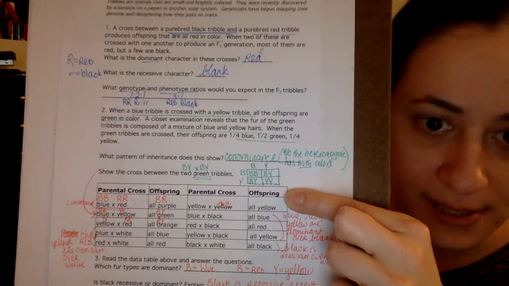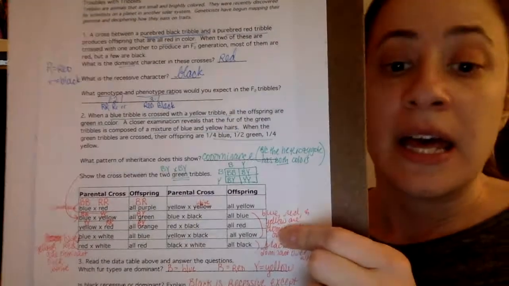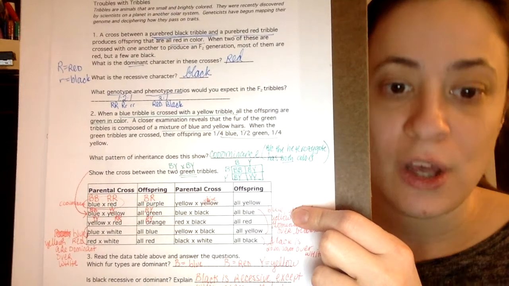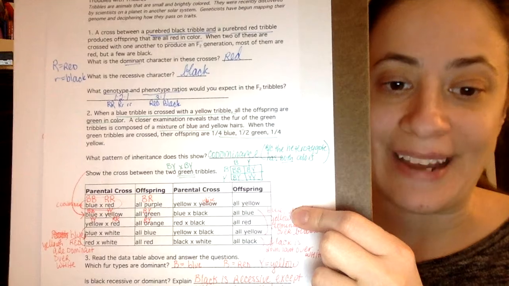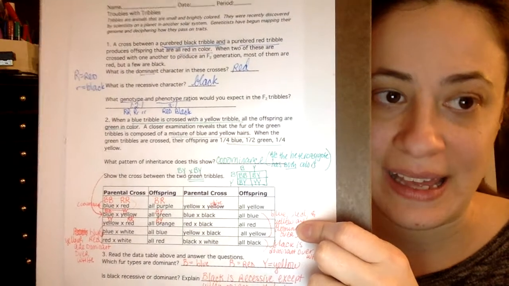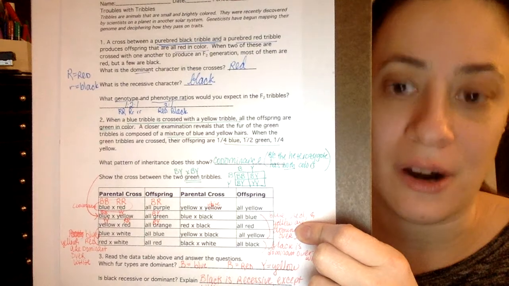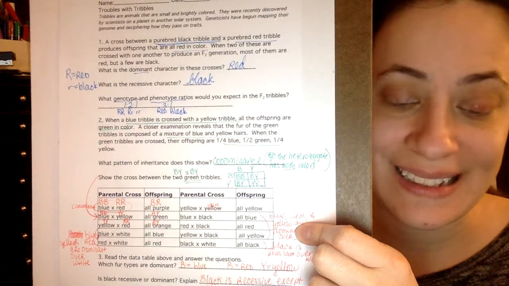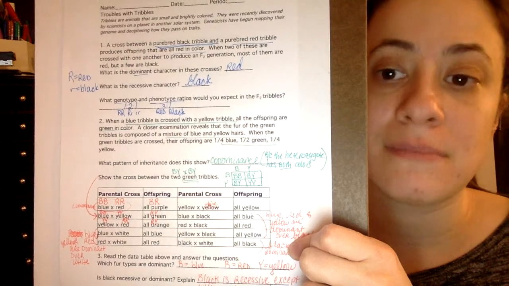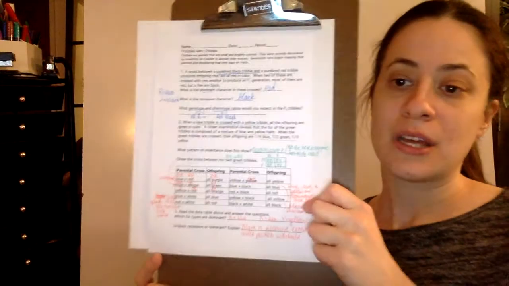So white is recessive. In the next 3 rows, blue, red, and yellow, when crossed with black, they all are dominant over black. But when we cross black and white together, black appears over white.